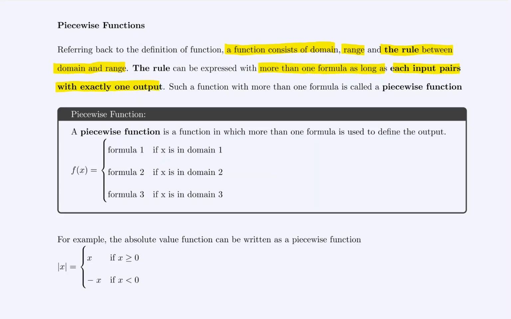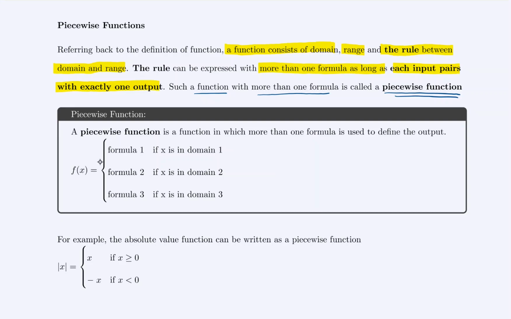So if we have a function that is defined by more than one formula over specific pieces of the domain, that is what's called a piecewise function. The visual identification that you're looking at a piecewise function is you'll have the function described with some kind of output variable followed by parentheses and the input variable. This will change based on what problem you're looking at.